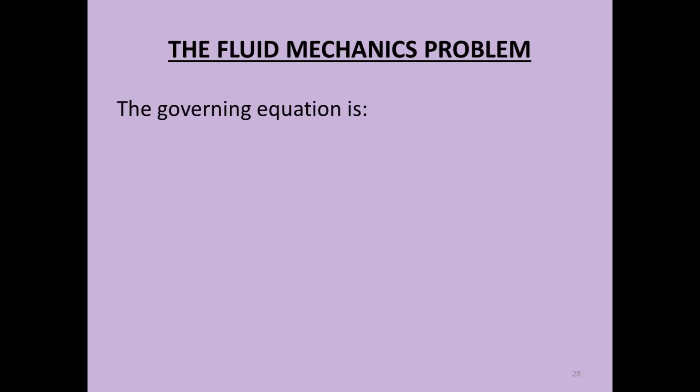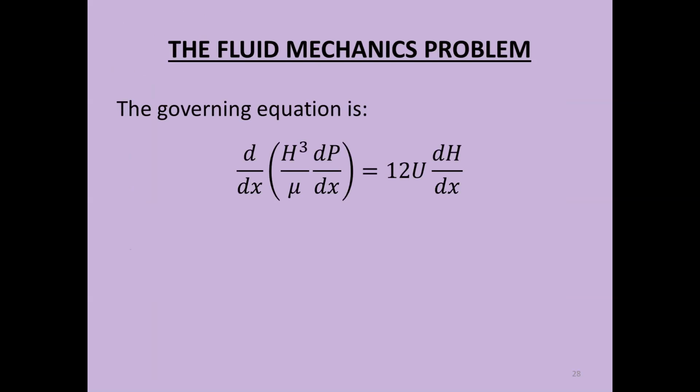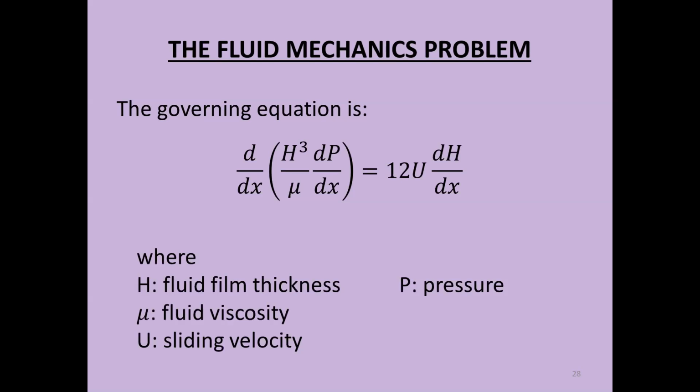The governing equation for this particular case is represented by the popular Reynolds equation as on display, where H is the fluid film thickness, mu is the viscosity, U is the sliding velocity of the surface, and P is the pressure. In the next slide, we will describe the working of the lubricating system itself.